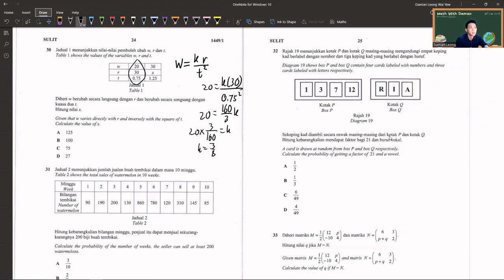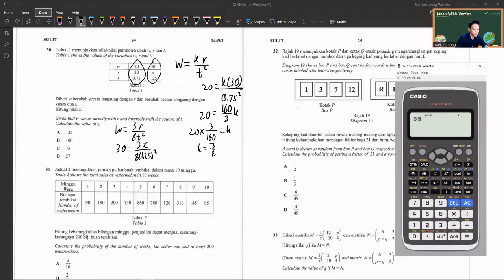Yeah. Then W is 3R over 8T square. Sub in the other set of points. 30 equals 3x over 8 times 1.25 square. 3 over bracket 8 times 1.25 square.